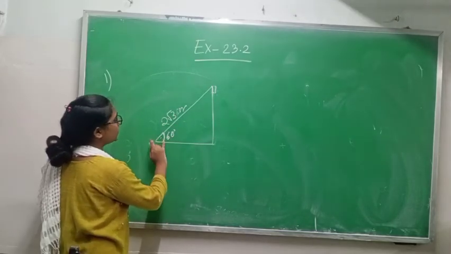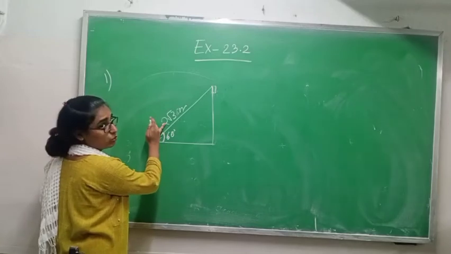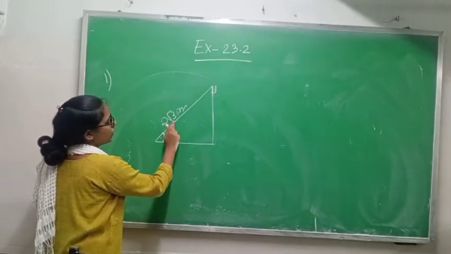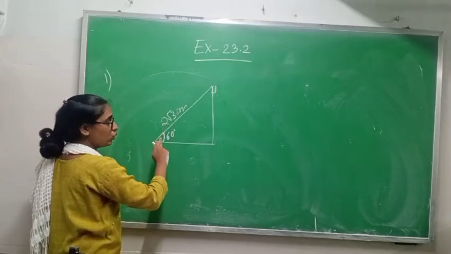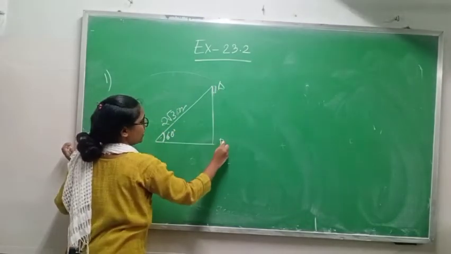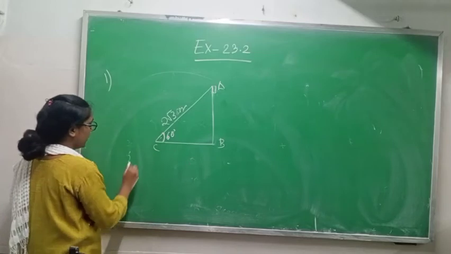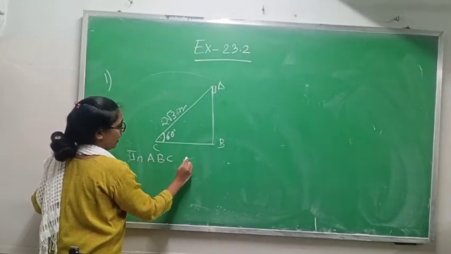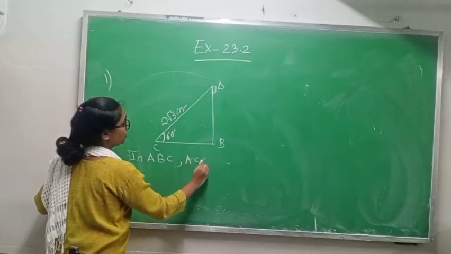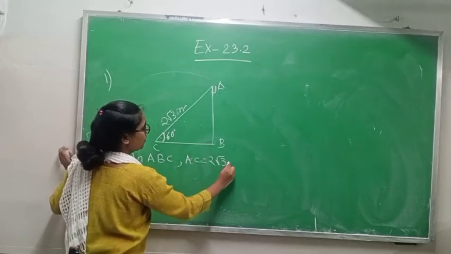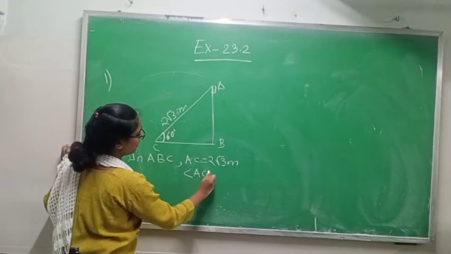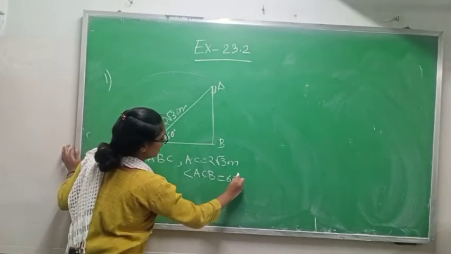Now, when an angle is given to you and one side is given to you, how will you find the other side? Let this one be h, the hypotenuse given to you. First write A, B, C. In triangle ABC, AC is given as 2 root 3 meter, and angle ACB is given as 60 degree.